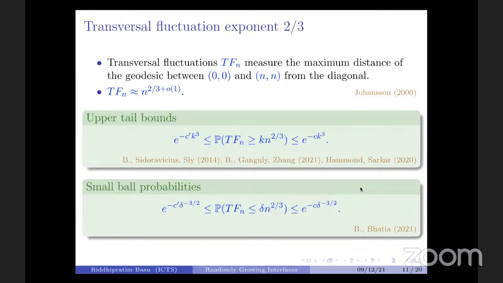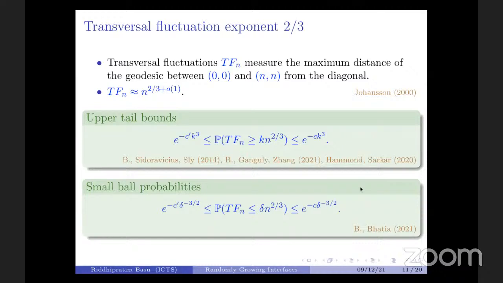It was known long ago, by 2000, that this 2/3 exponent of spatial correlation decay, as I said before, crops up in the geometry of the geodesic in the following way: the transversal fluctuation is of the order of n to the 2/3 plus log-log of 1. That was already known by Johansson in 2000. More optimal quantitative estimates have been obtained in recent years.